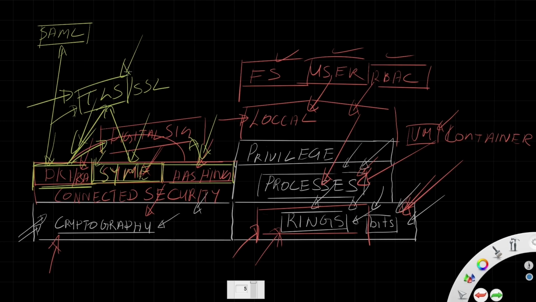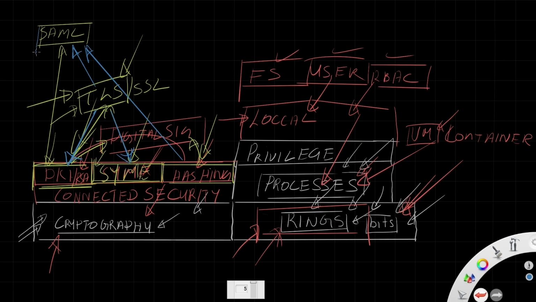I'm going to remove it. That is from the symmetric. Although symmetric will be used inside SSL, I'm not going to put that there. So hashing and PKI are directly used in SAML. And of course, TLS SSL is using symmetric and PKI. You see the relation between all these things.